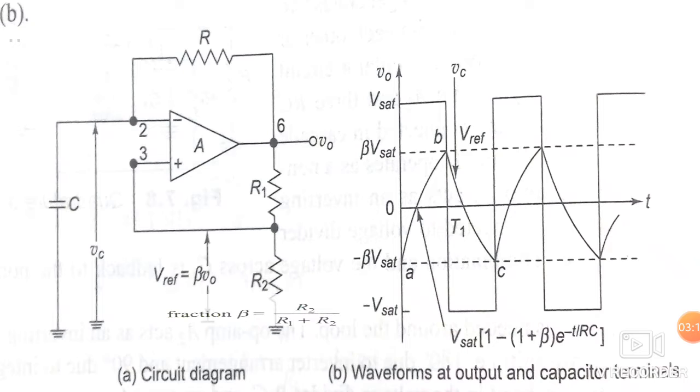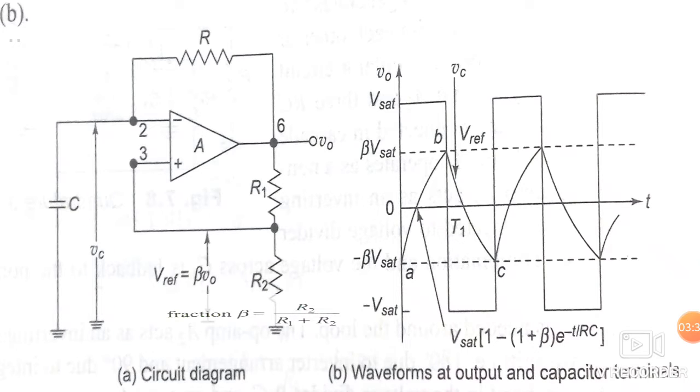Now as the output of the operational amplifier is plus Vsat, the capacitor starts charging through this resistance R. So this is the charging path. Here we are taking the output of the capacitor as Vc.